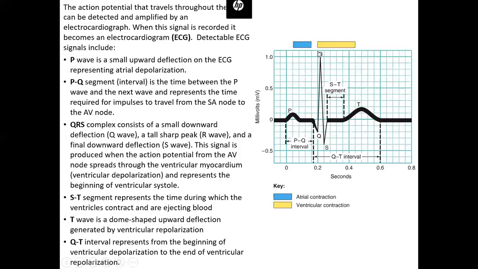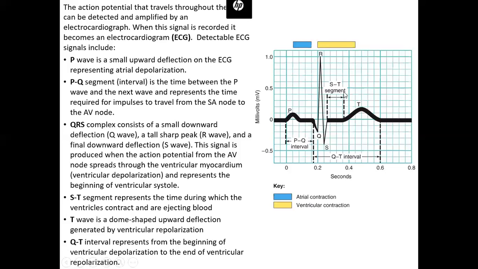And notice here at basically the top at R, we begin contracting the ventricles, which is called ventricular systole. We've seen that word systole already in this lecture, and I'll get into that more in just a couple slides.